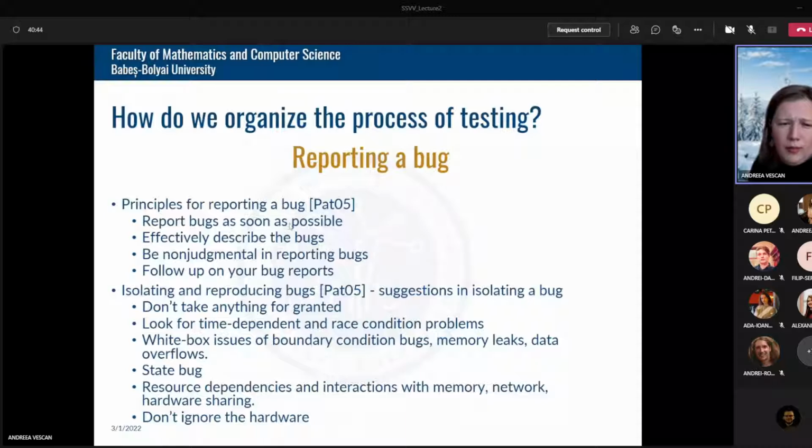You need to report as soon as possible. You need to describe the bug effectively. You need to write the condition under which the bug was revealed. And you need to be non-judgmental. You don't have to point fingers, saying this is a very bad bug, and so on.